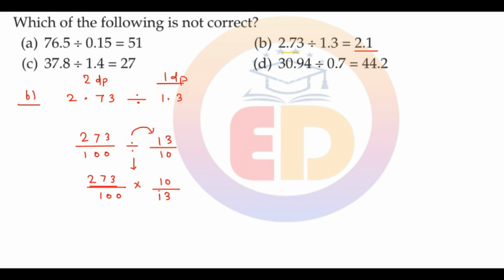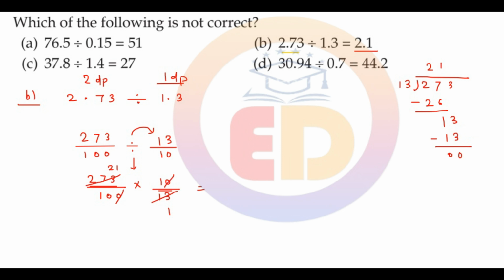273 and 13. Let's divide. 13 twos are 26. Take the 3 down. 13 ones are 13. Division is complete. Dividing by 13, here I'll get 1, here I'll get 21. Now cancel the 0 of 10 and 0 of 100.